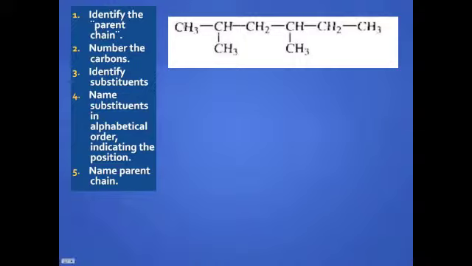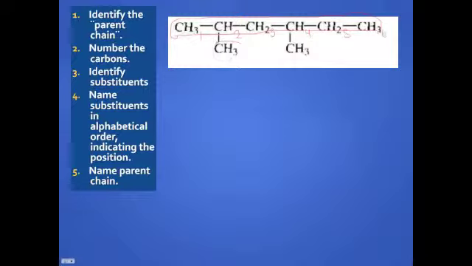So now I'm going to show you how to name alkanes. Here is an example. We need to find the longest chain, and here we have a chain of 6 carbon atoms, which is this one, and you have to number them starting from the side which has the substituent closer. So here it's 1, 2, 3, 4, 5, because on the other side the first number would be 3.